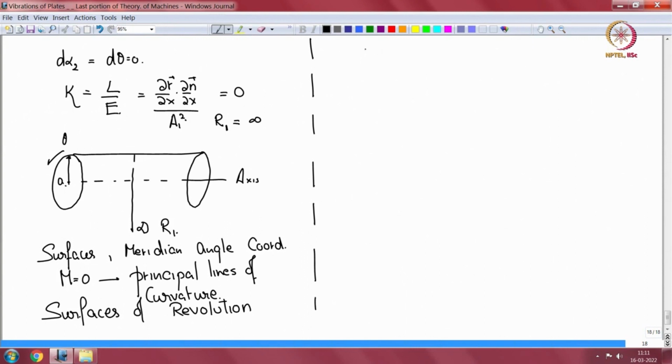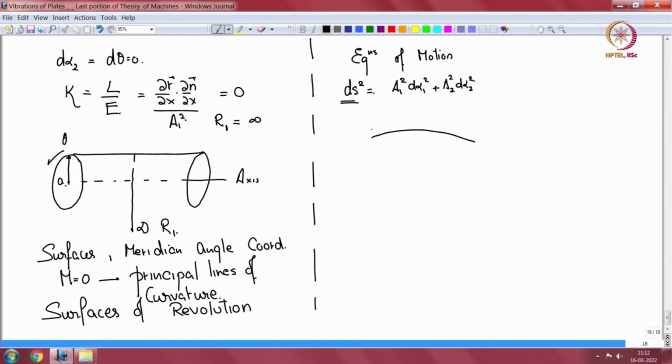So in the process of deriving our equations of motion, let me just spell out the procedure. We have so far seen an elemental length, as a1 squared d alpha 1 squared plus a2 squared d alpha 2 squared. So that's the elemental length on a surface.